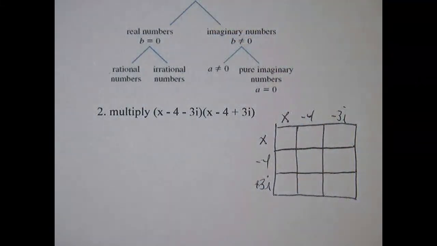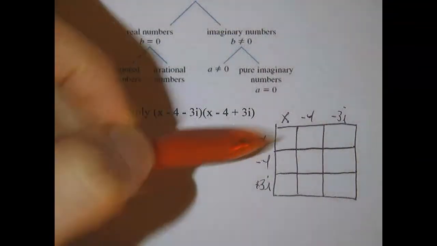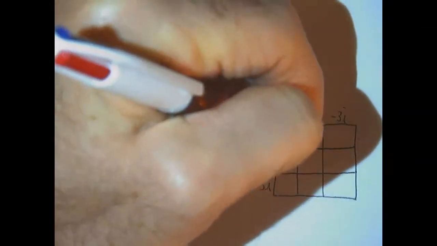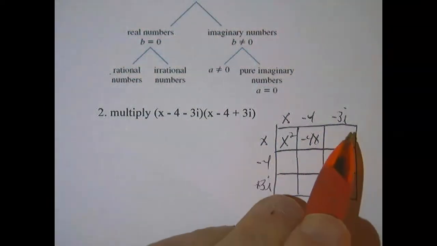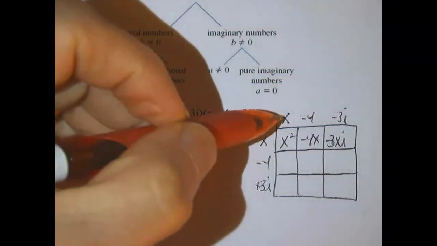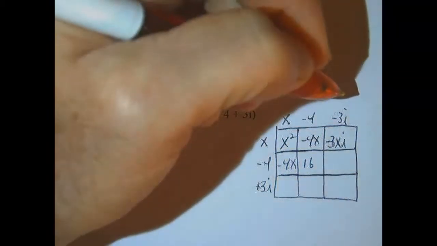And let's see what happens when we multiply, just like a multiplication table. x times x is x squared. x times -4, -4x. x times -3i is -3xi. Again, this is just a way of organizing. You don't need to make the table. It's just a way of keeping track so you don't lose any terms. -4 times x is -4x. -4 times -4 is 16. -4 times -3i is plus 12i.